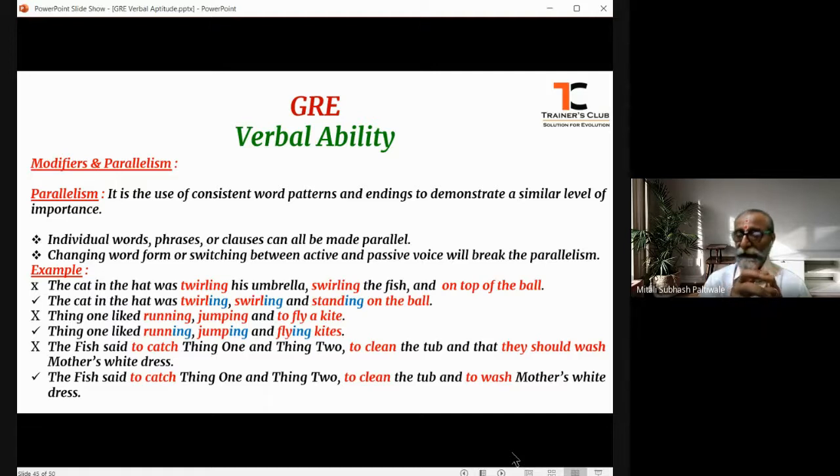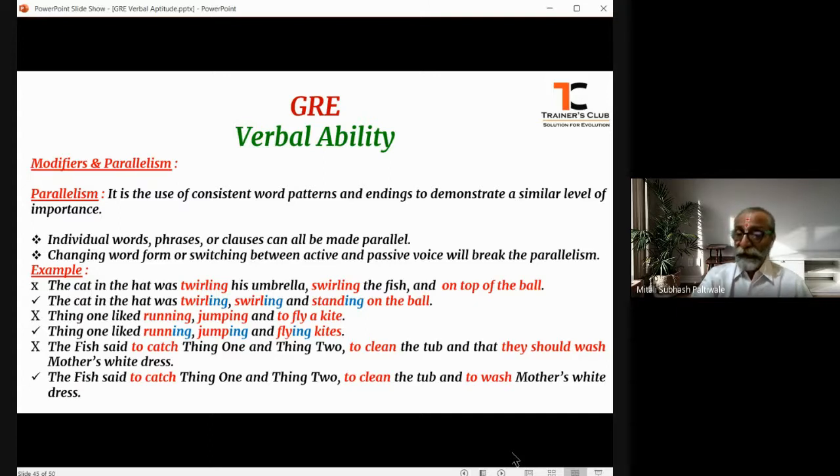You have to do a lot of practice and search for these sorts of things, because we do come across them when we take up the exams. When we read certain prose and poetries, it is very difficult to understand, because poetries are written by using these modifiers and parallelisms.